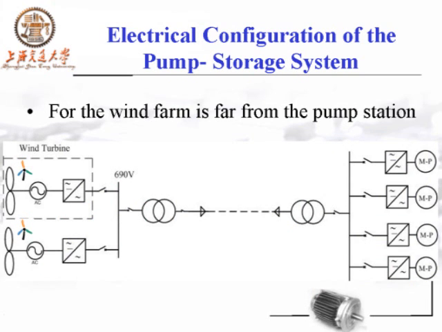The electrical configuration of the pumped storage system can be divided into two situations. If the wind farm is far from the pump station, we can use an AC connected network, with each pump controlled or driven by a converter.